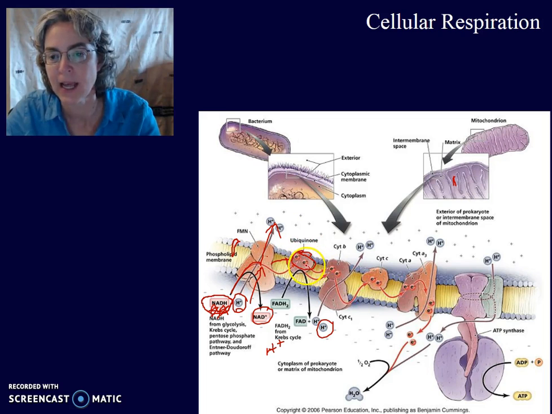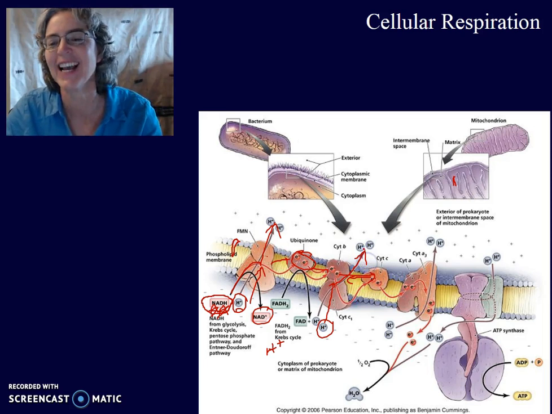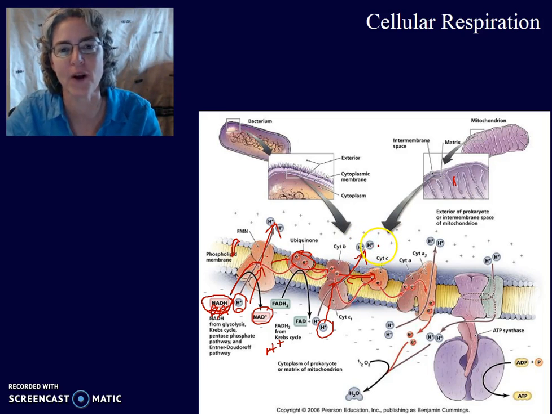And it does it again. This mobile carrier will take these electrons to the next protein. And the same thing will happen again. These hydrogen ions will be attracted to the negative charge, and boom, this other protein comes along and steals the electrons away, and the hydrogen ions get transported across.